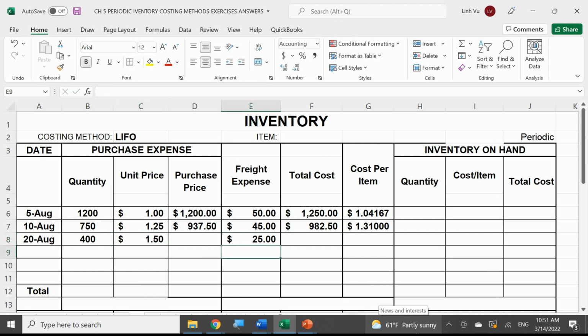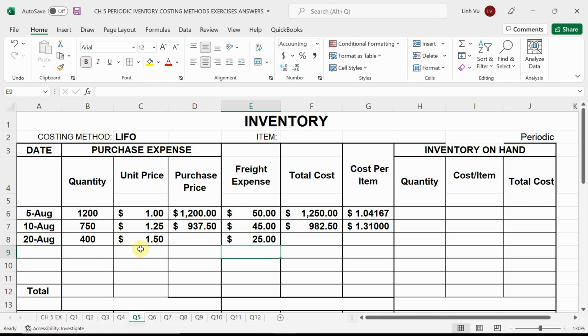So in this case, 400 times $1.50. What is my total purchase price? 600 plus 25. 625, right?